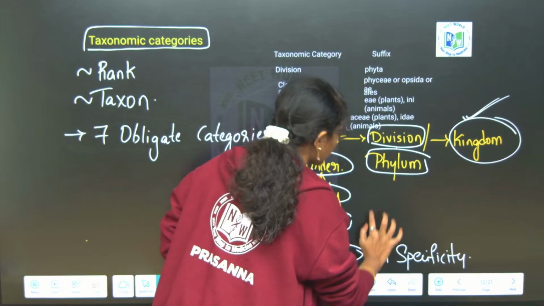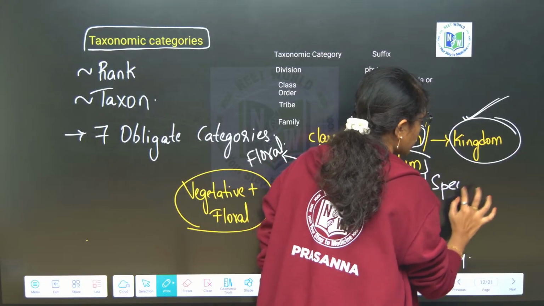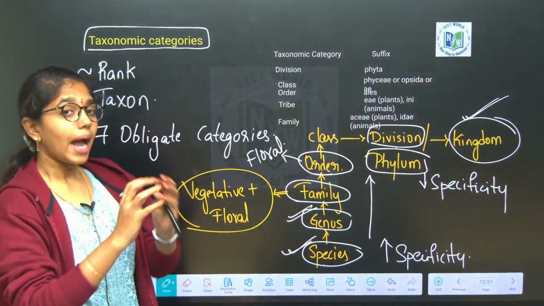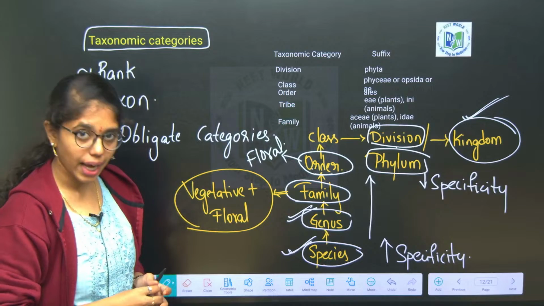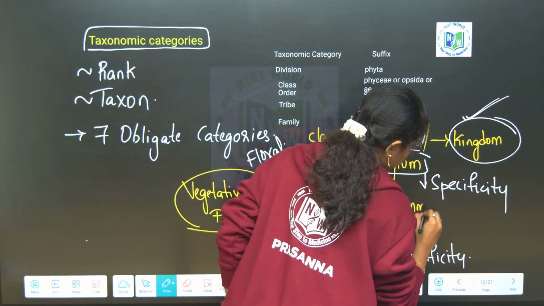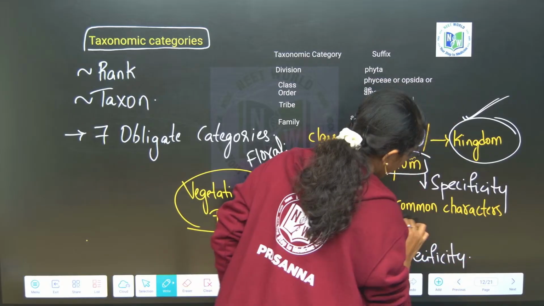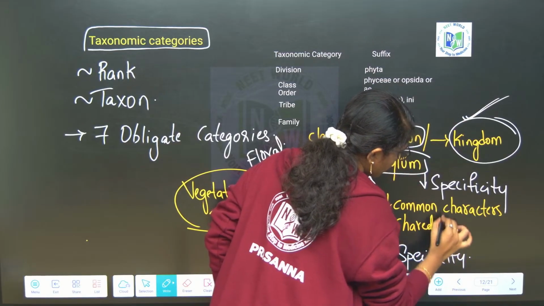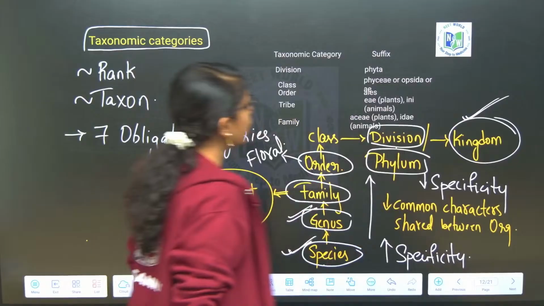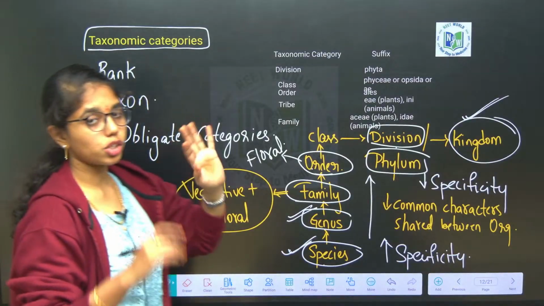As you increase the taxonomic category, specificity decreases, and the common characters shared between the organisms also decrease. Clear, right? So taxonomic categories, taxonomic ranks, or taxon are one and the same.